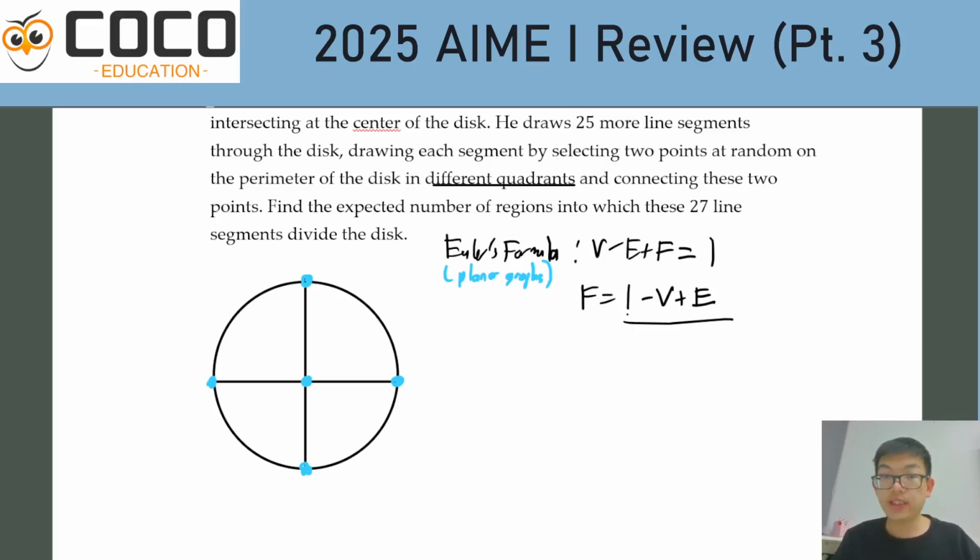So what I'm saying is that I'm now going to have to figure out what's the expected number of vertices, which is made up of both the endpoints and the intersections. Right, 27 times 2 plus number of intersections is the number of vertices. Now, for the number of edges, I also can say that it depends on the number of intersections.